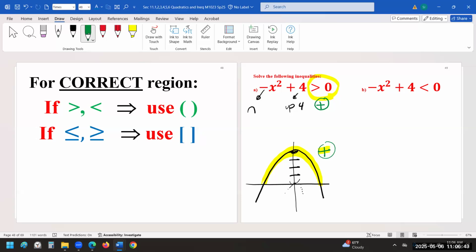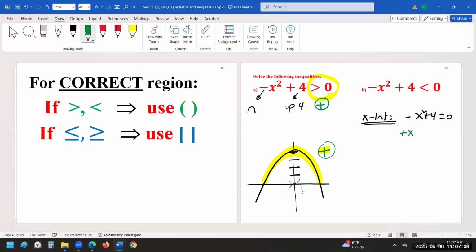So we want to know exactly what these numbers are. So you look for the x-intercept. Do you remember how to find the x-intercept? To find the x-intercept, what do you do? Set y to be 0, right? So negative x squared plus 4 equals 0, and our goal is to solve for x.